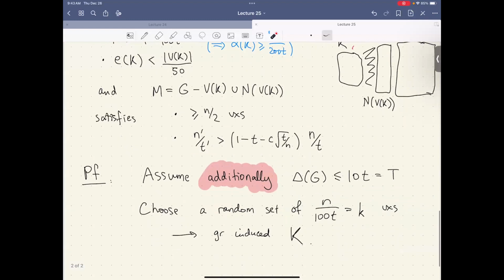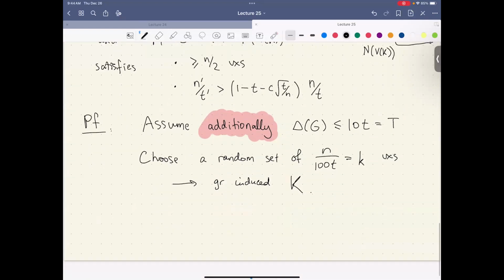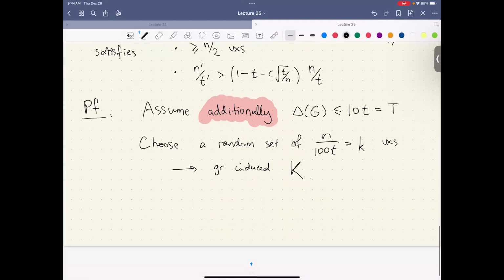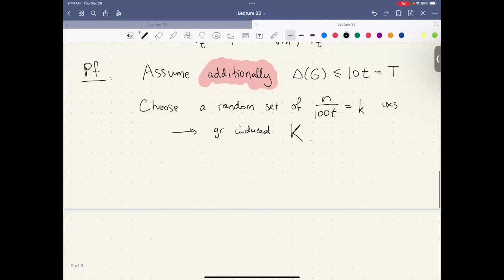Okay, so the three random variables that we cared about are, so let's first write the claim, an easy claim.